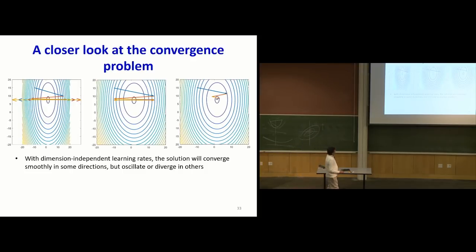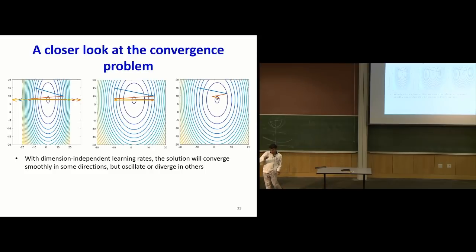Look at these guys, right? Now, if I have dimensionality-independent learning rates, and even assuming that my function is axis aligned, consider what happens. I'm going to plot iteration versus step size for different directions, okay?